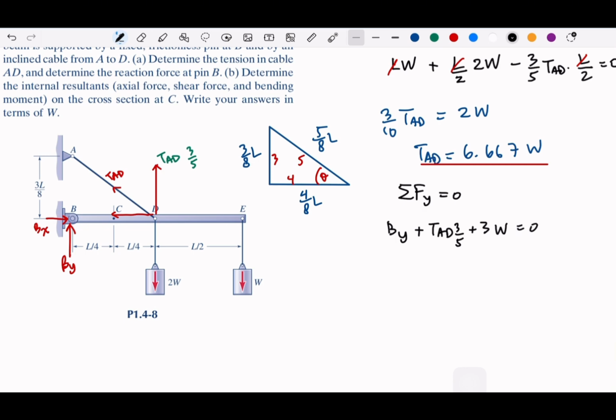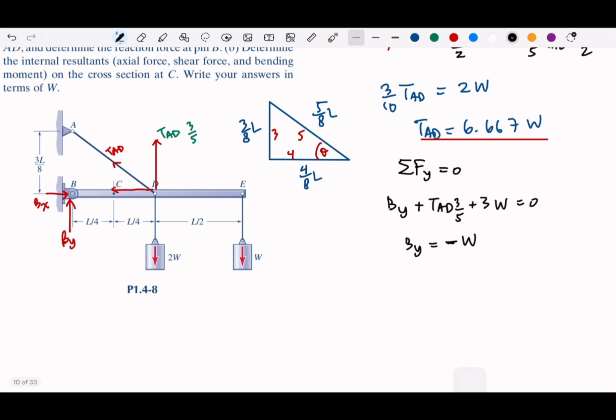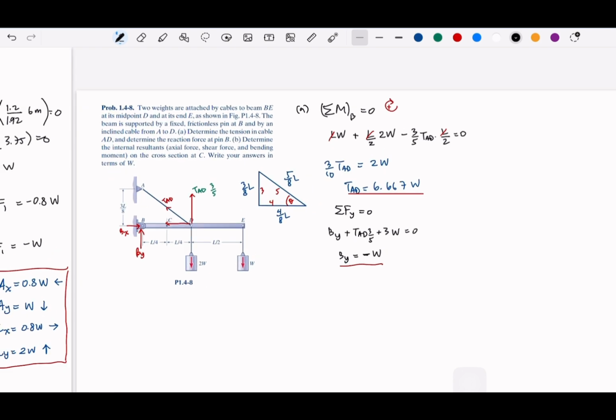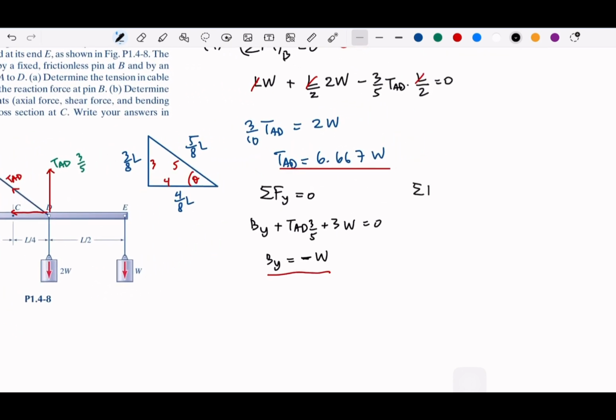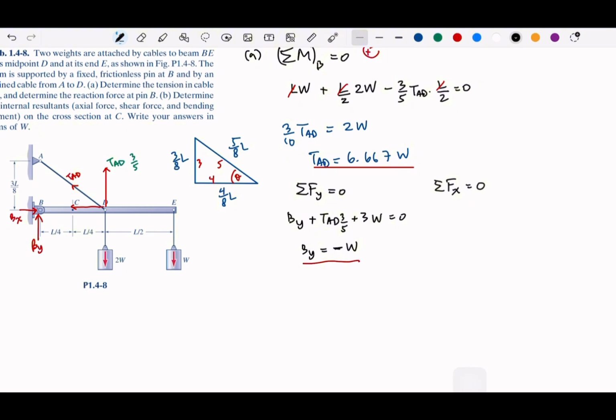And then this equals 0, and calculate everything here. This will be equal to around negative W. And then taking the horizontal axis for Bx, this is going to be equal to 4/5 TAD, which is 5.333W.